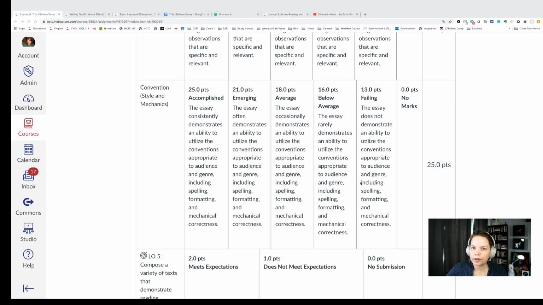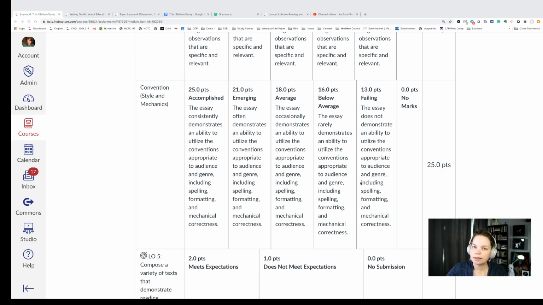What I would encourage you to do is to step back, and focus primarily on the development and the organization. That's not to say that grammar and mechanics aren't important, but if you'll notice on our rubric here, if our rubric is $1, 75 cents of it is development and organization. Only a quarter of it is going to be convention.